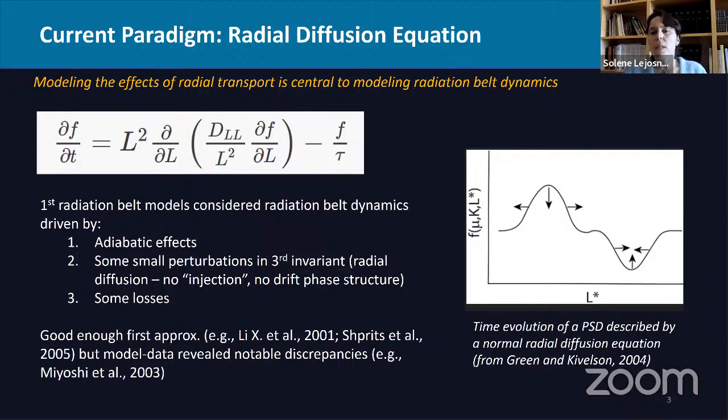That's what you see on the right plot. And so when we see a growing peak in the phase space density, that cannot be taken into account by this equation. So we also had some notable discrepancies when we compared model and data.